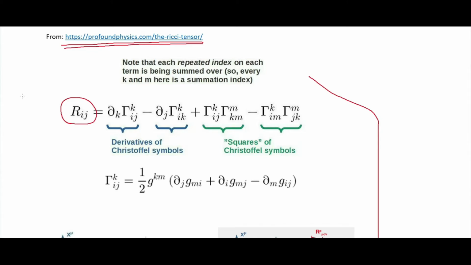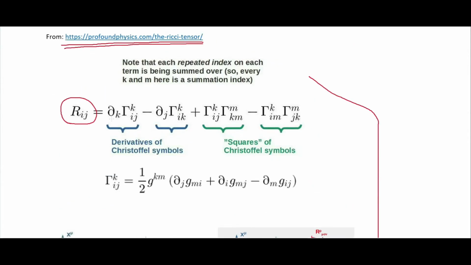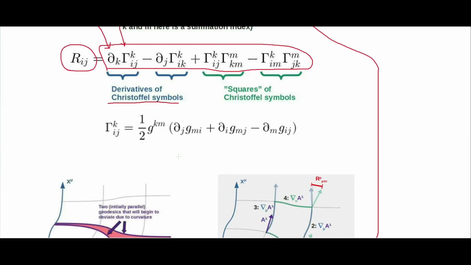Each element of the Ricci tensor, up here we just have it with these R's, but each element is actually this long thing here, with all these uppercase gammas and some of these partial derivatives. Those gammas are the Christoffel symbols, and each gamma is this. We see that we have these metric tensors here.